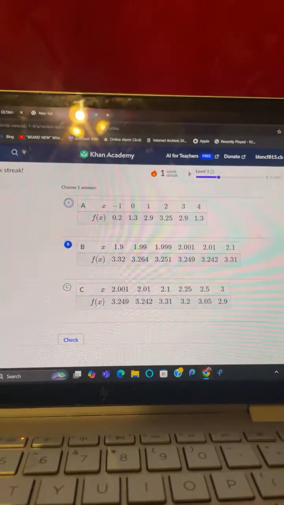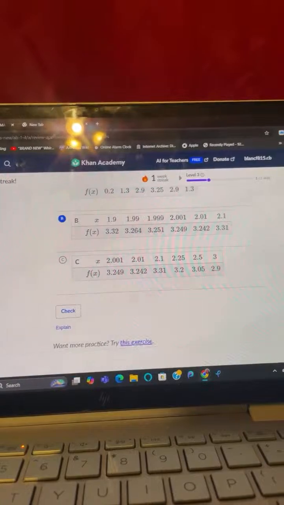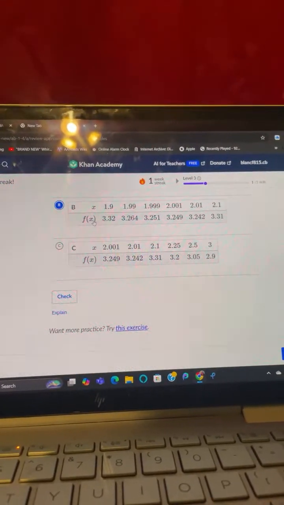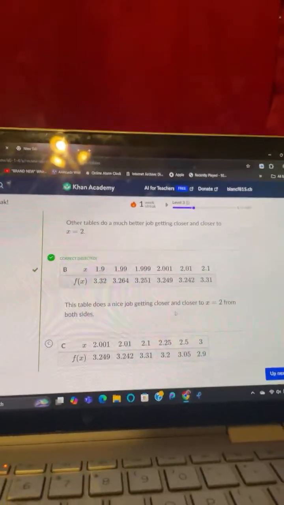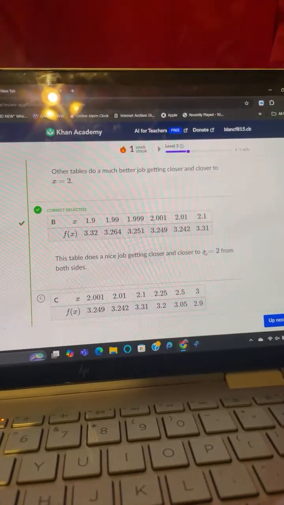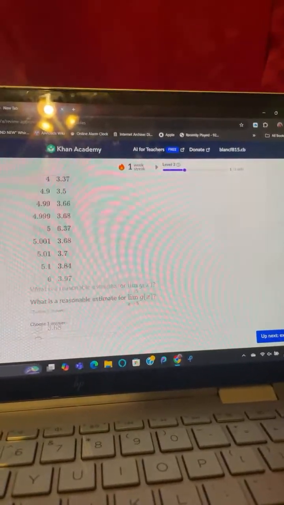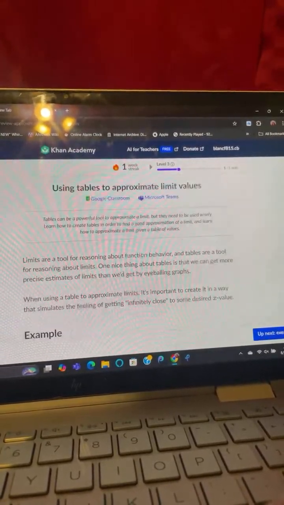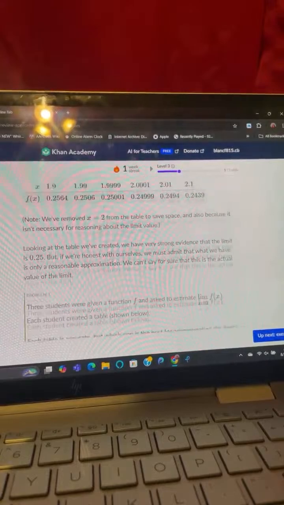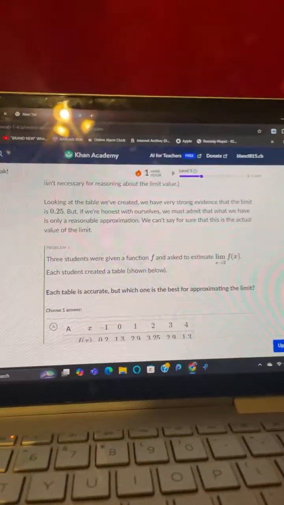I guess let's go with B. B, because it does use both sides. Yeah, since it gets closer to x equals 2, which in this case is what we want. As you can see, x equals 2. Hold on. Yep. That's what we're looking for.